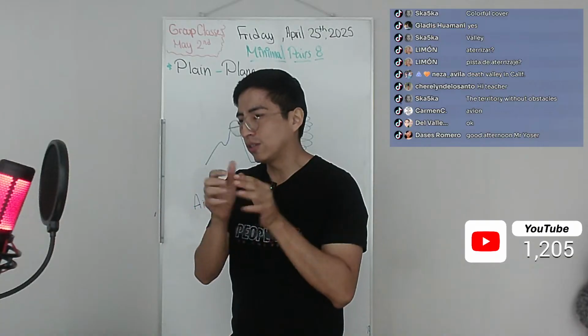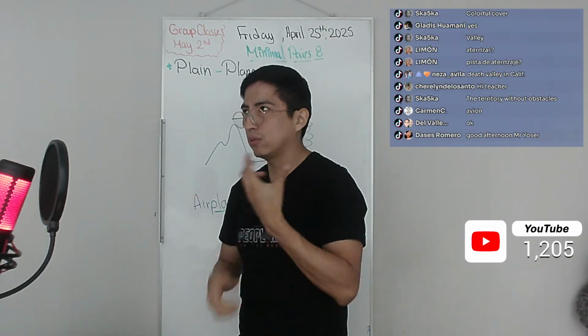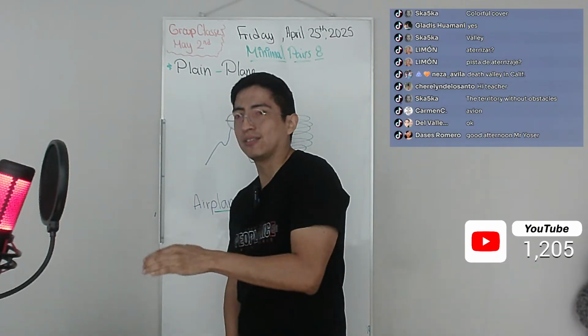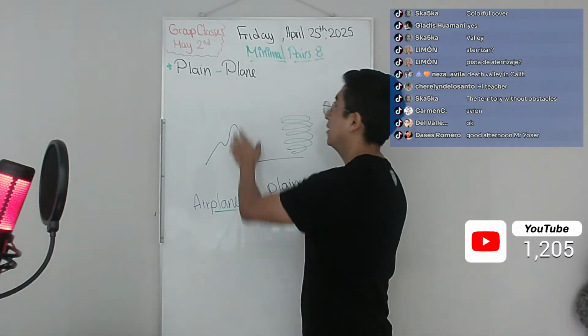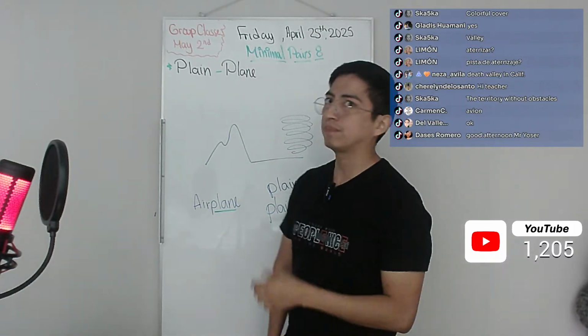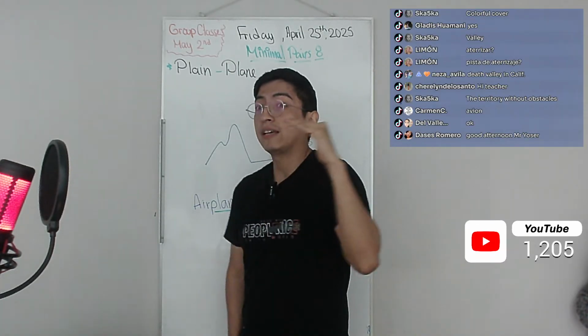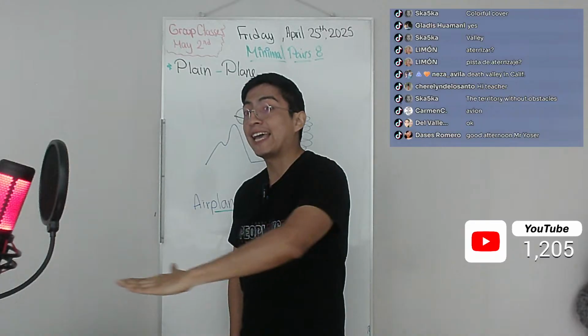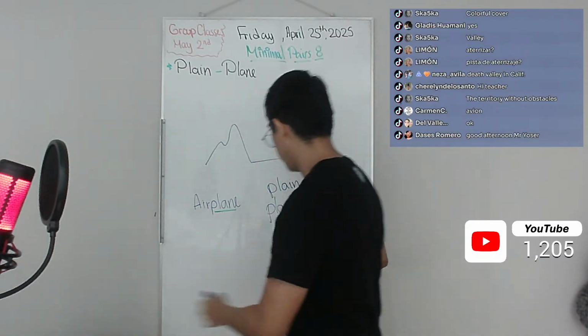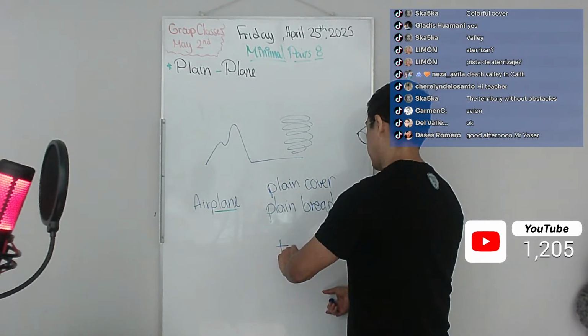While you are writing your sentences, I'm going to give you extra sentences from these words. We can talk about the airplane or the plane is going to land. Remember this word, this is a verb.